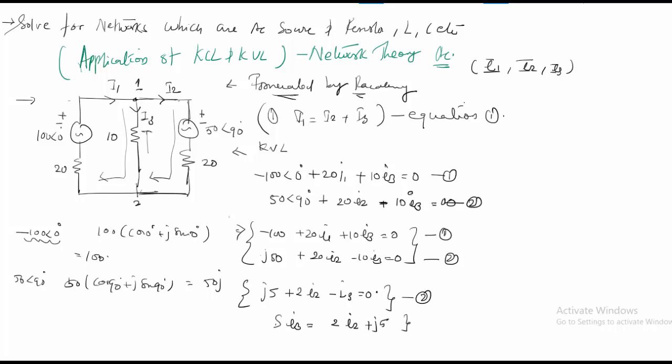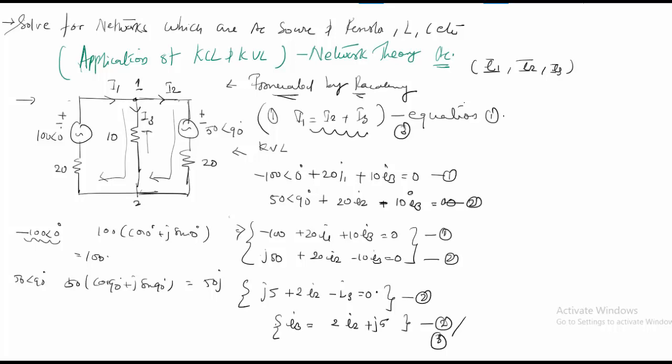So if I say this is my second equation itself, which has been simplified, or you can call this the third equation, then I have one equation which I have from KCL, which is my first equation.